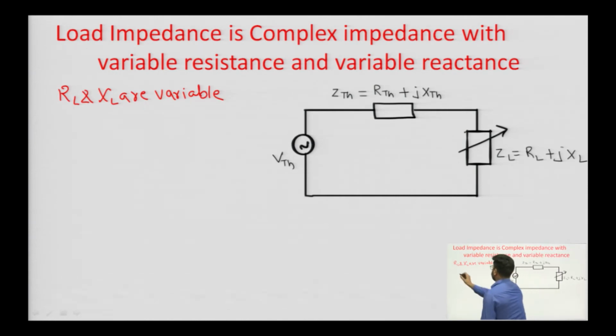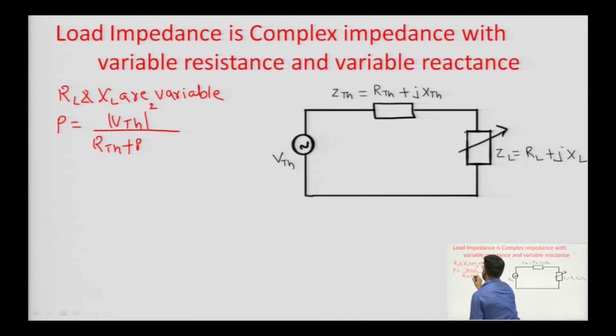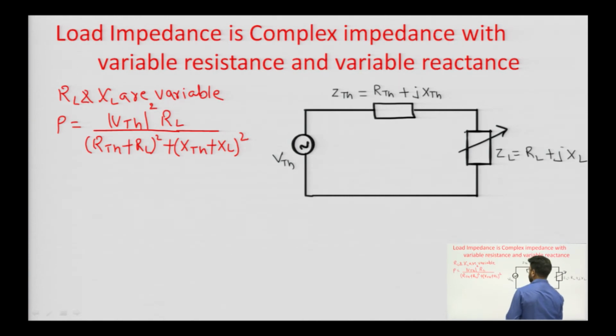In that case, power will be equal to again V T H square divided by the whole square of R T H plus R L, plus the whole square of X T H plus X L, into R L. So, this will be the power in case both are variable.